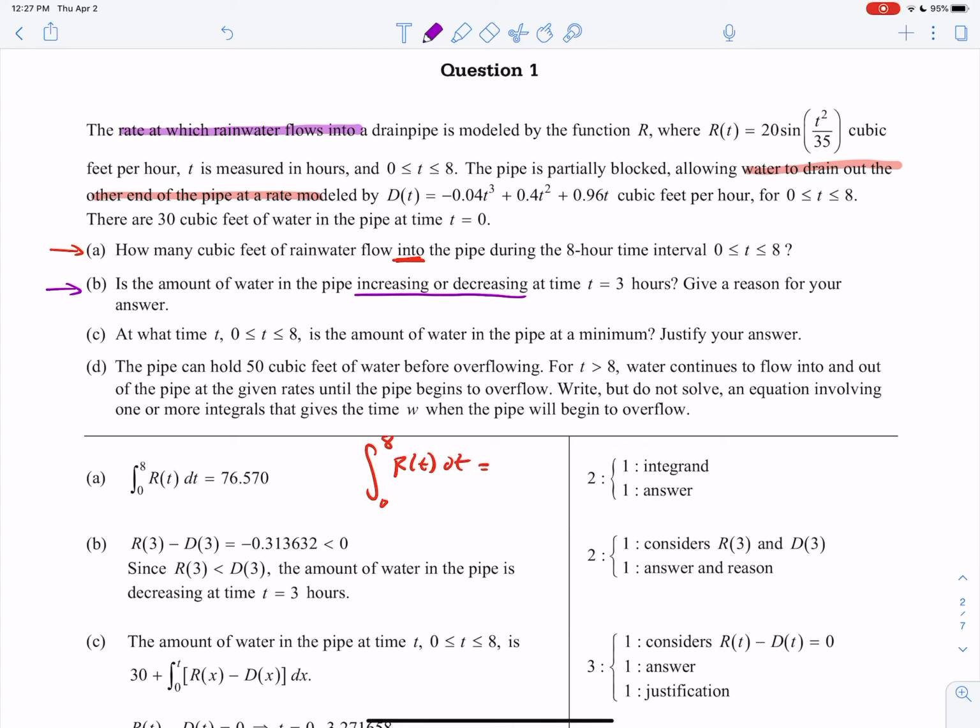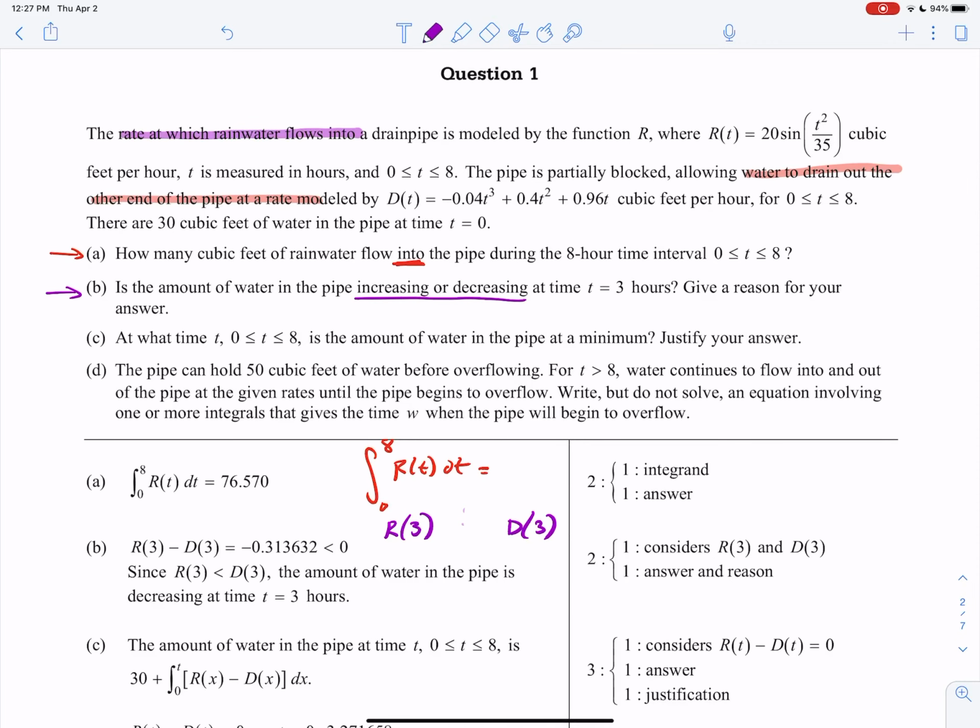The only way the water level is going to increase is if there's more water going in than going out. So you could do this in 2 ways. You could check the rates, R of 3 and D of 3, to see which one is bigger, and that should tell you if the water is increasing or decreasing. Or what the scoring guidelines did was they subtracted the 2.